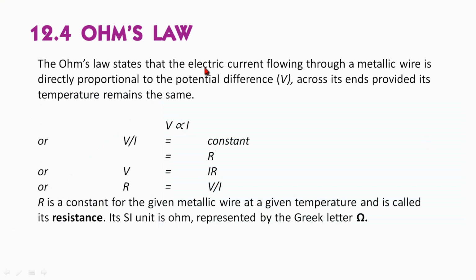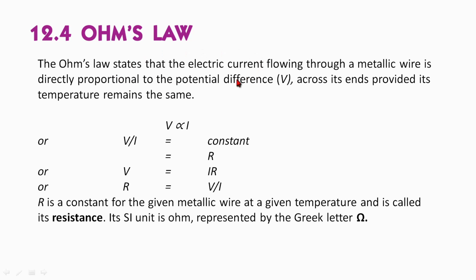So we saw that the current flowing through a resistance is directly proportional to the electric potential applied across the ends of the resistance. Ohm's law says that the electric current flowing through a metallic wire is directly proportional to the potential difference. If the potential difference increases, the electric current will increase.